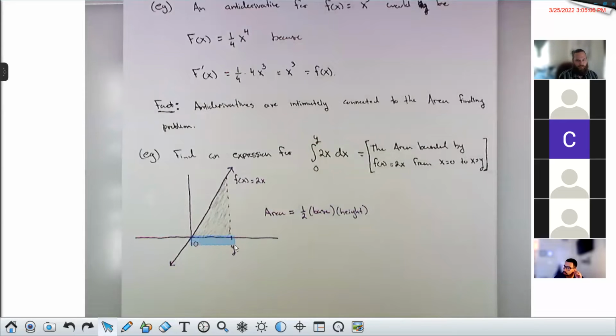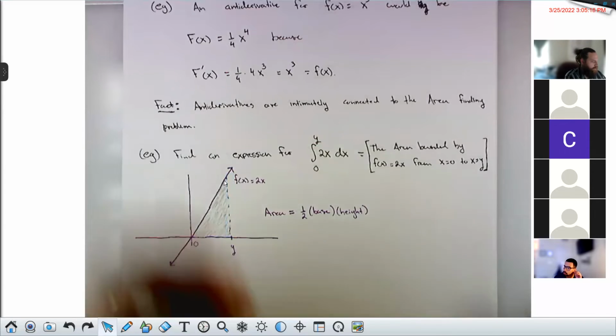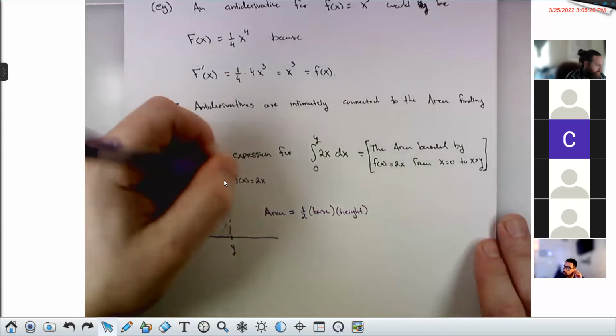The base here is y. That length is y. The height here, well, what is that height? It's the y value on the function. It's the output from this function.